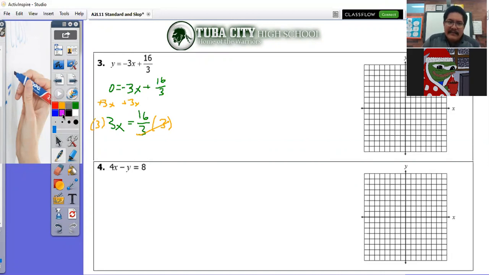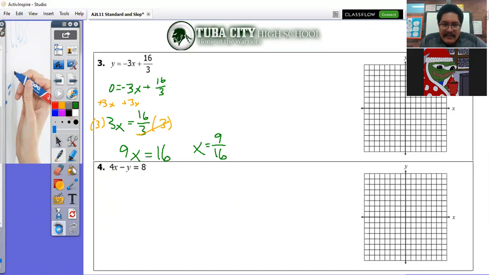It's the same thing as when we were multiplying all the fractions by a certain number. I guess I could have used the reciprocal trick, but I know there was one of these that you can't use the reciprocal trick on.